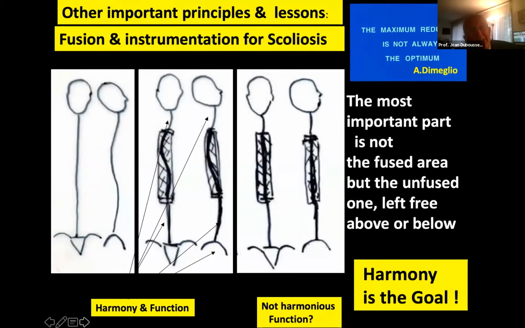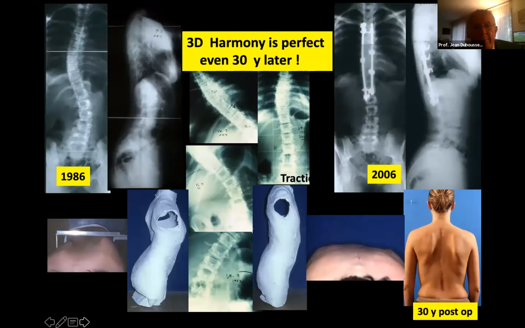Important also to understand that it is not the fused and instrumented part of the spine that is the most important. It is the non-fused area above and below, because the goal is harmony. And as my friend Alain Di Meglio used to say, the maximum reduction is not always the optimum.